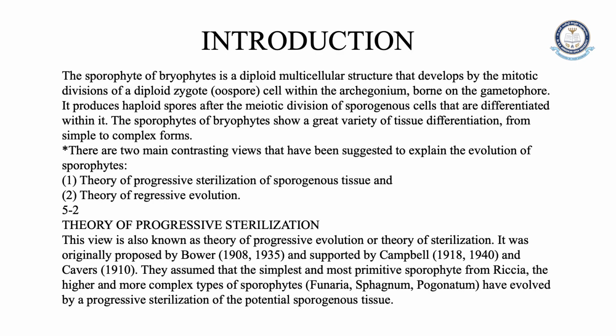They assumed that the simplest and most primitive sporophyte is that of Riccia, and that the higher and more complex types of sporophyte, for example Funaria, Sphagnum and Polytrichum, have evolved by progressive sterilization of potential sporogenous tissues. These progressive evolutions are according to this theory.